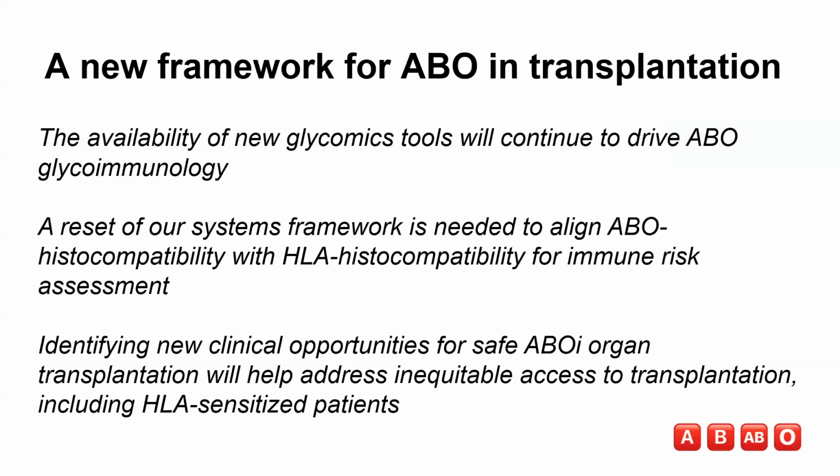So I've kind of touched on this already, but new tools will help us to really drive not just what we do clinically, but to actually help us better research ABO and other glycan responses. Perhaps this is important for vaccines work too, as Simon was describing. If we can reset this framework to think about ABO histocompatibility along the same lines that we think about HLA histocompatibility, then we can provide an actual immune risk assessment, which we currently don't do.